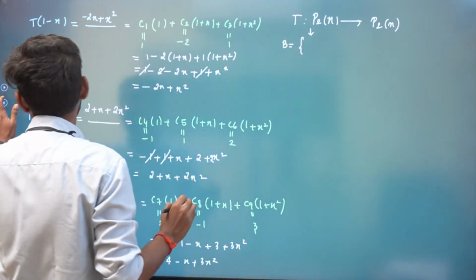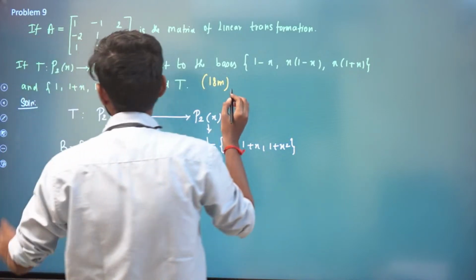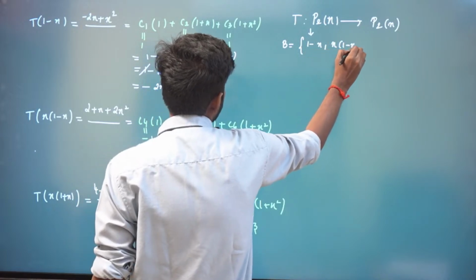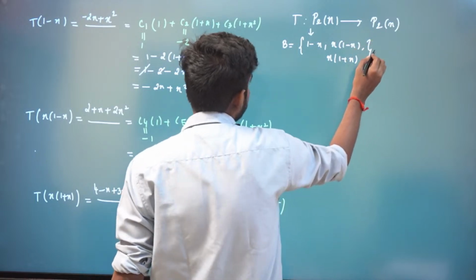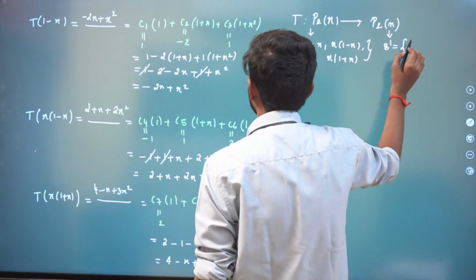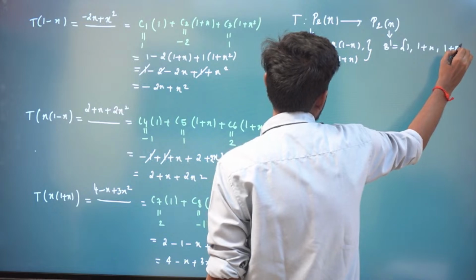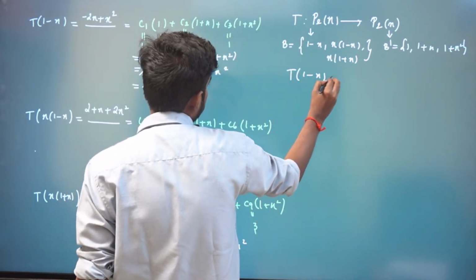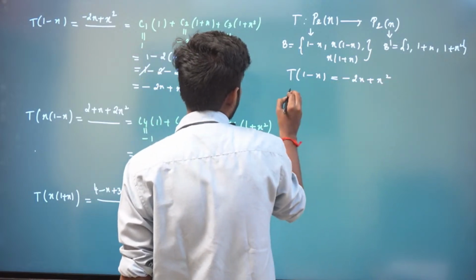The basis B is given by 1 minus x, x times (1 minus x), x times (1 plus x), and this basis B' is given by 1, 1 plus x, 1 plus x squared. We know T of (1 minus x) maps to minus 2x plus x squared.